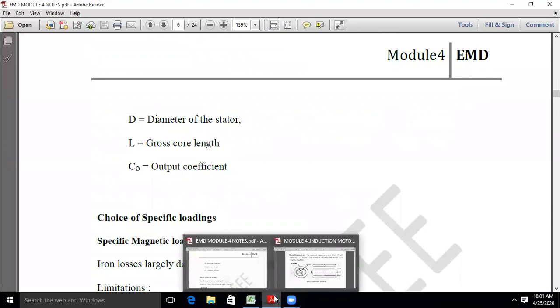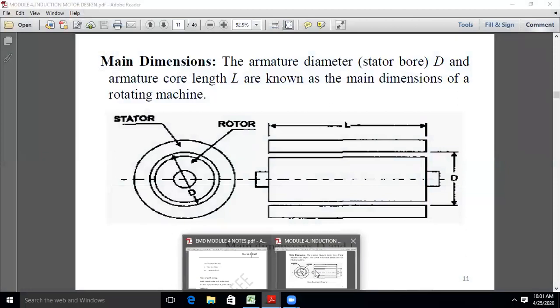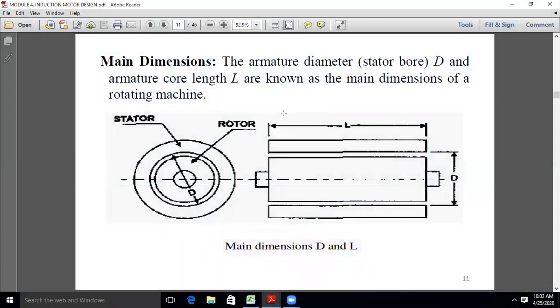Mainly depending on the two parameters, the specific loadings, the design will be made. Here the main dimensions are the armature diameter, the stator core D, and the armature core length L, as the main dimensions of a rotating machine.